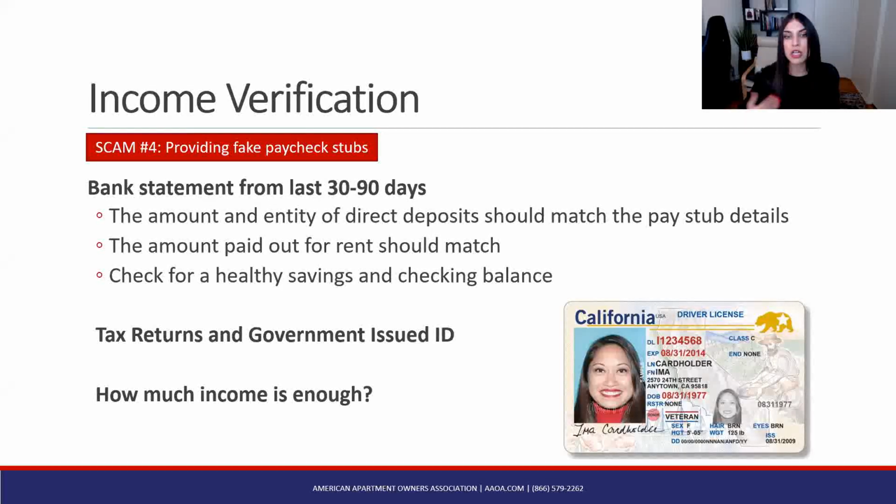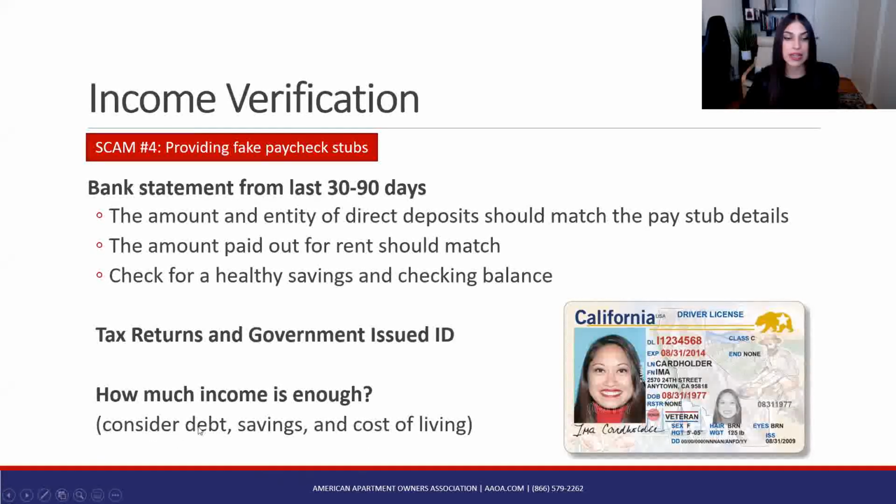If they don't make as much money, but they don't spend as much and they have a lot saved, that says a lot, right? So you want to take a look at not just the income, but also, hopefully, how much they have saved as well. And then you can kind of create your own formula for what you feel comfortable with. And again, here, you also want to consider the debt and the savings and the cost of living.